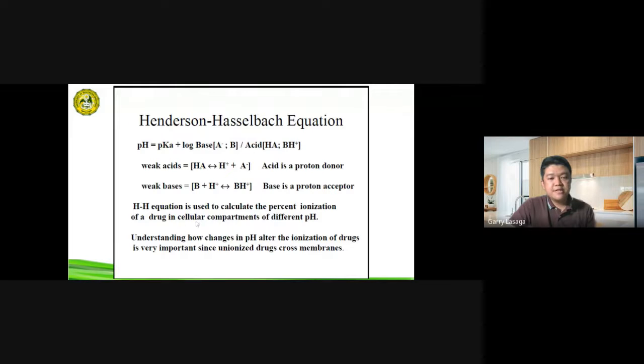What do we mean by cellular compartments? How do we mean, or what refers to the cellular compartments?